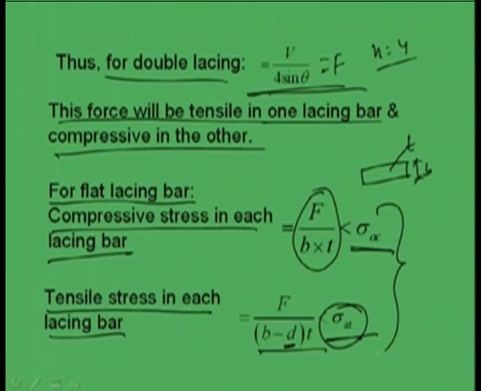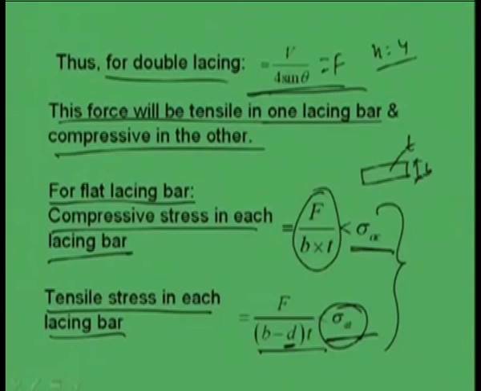That means the thickness and width of the lacing bar have to be chosen in such a way that the stress developed is less than sigma AC and sigma AT, where sigma AC is the allowable compressive stress and sigma AT is the allowable tensile stress in the lacing bar. So, in this way we have to design it.